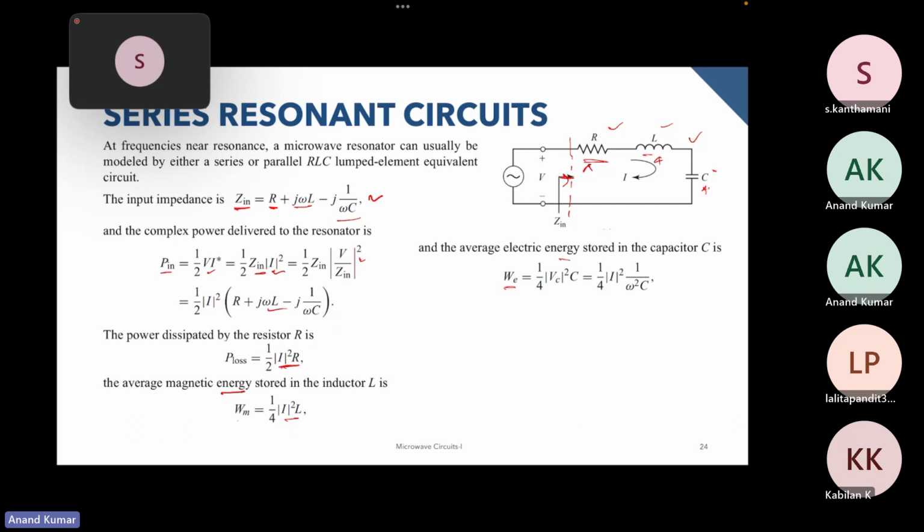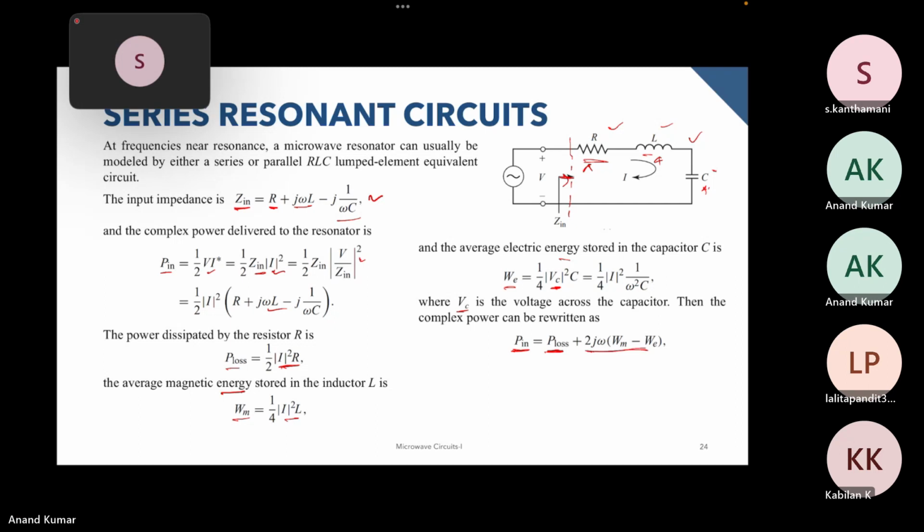So this is given by We, Wm, and the power loss. Vc here is the voltage across the capacitor, and we can write the complex power in terms of the power dissipated by the resistor and the energy stored in the inductor and the capacitor. So this is the expression for the complex power.